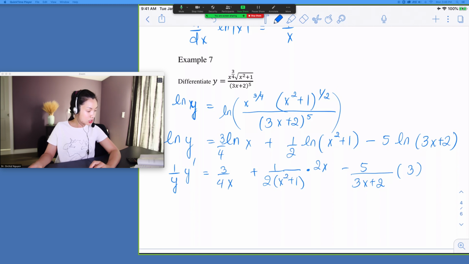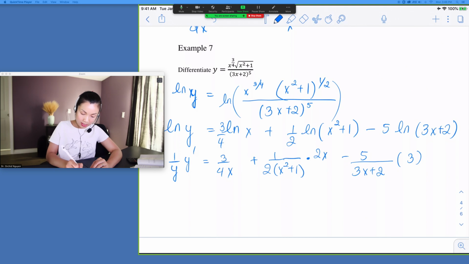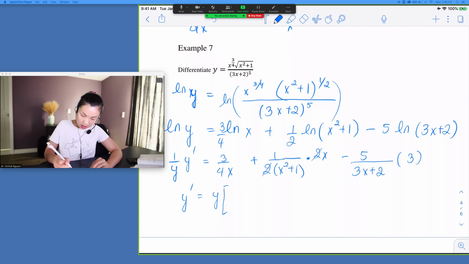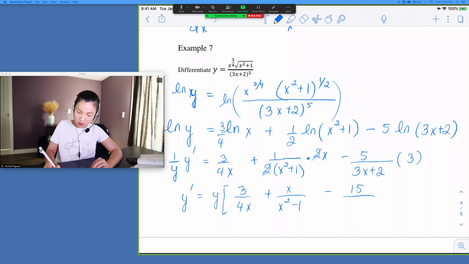All right, let's multiply y over. You know what, we can definitely clean it up. So if I multiply y over, the y prime that I have is going to be y times 3 over 4x plus x over x squared plus 1 minus 15 over 3x plus 2.